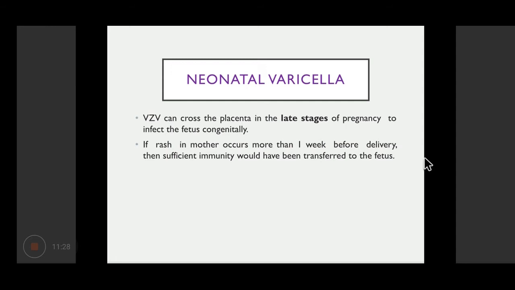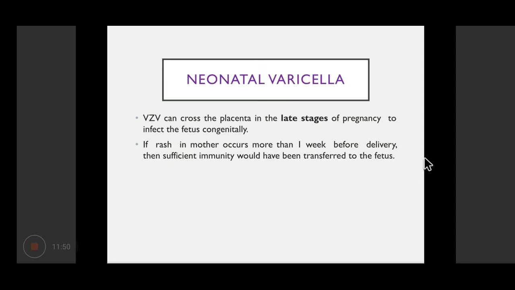On the other hand, neonatal varicella is seen if the mother becomes infected with this virus near the time of delivery. The varicella zoster virus can cross the placenta in the very late stages of pregnancy and infect the fetus congenitally.